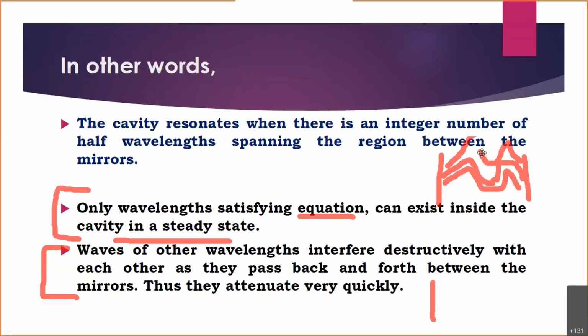This is theoretical, almost exact, but there is always some difference. Another thing to keep in mind: whenever the signal goes from this side and strikes the mirror, the mirror changes the phase also, so it will come back like this.